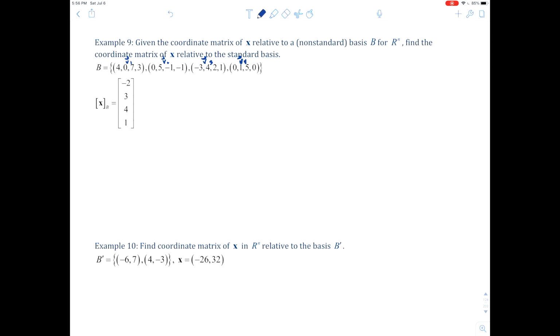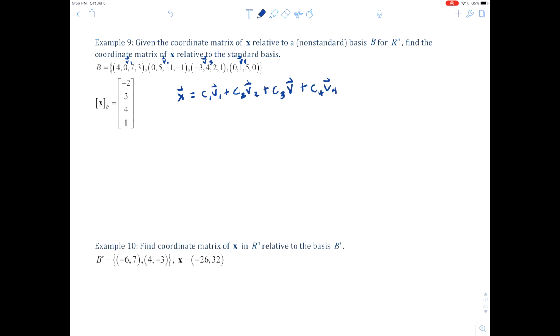So remember, what do we want to do? We want to write x in terms of c1 times v1 plus c2 times v2 plus c3 times v3 plus c4 times v4. Cool so far?